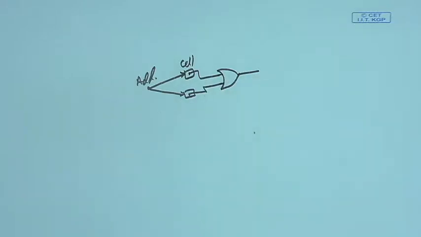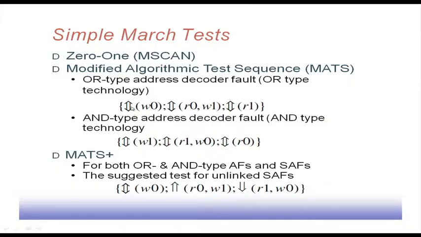So, for this type of technology, consider the sequence shown here in this Matz sequence. First you initialize the entire memory with zeros, write 0.